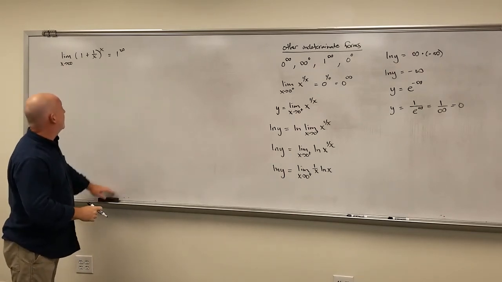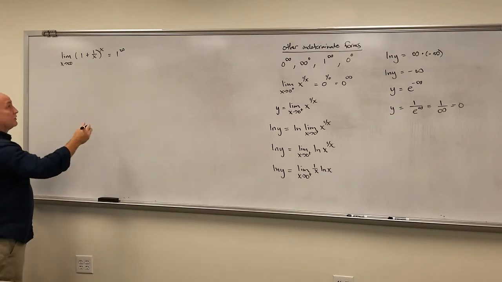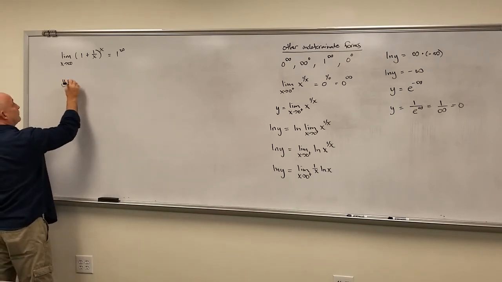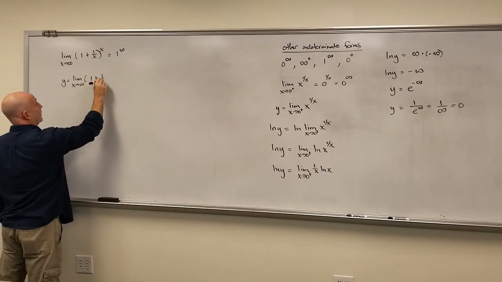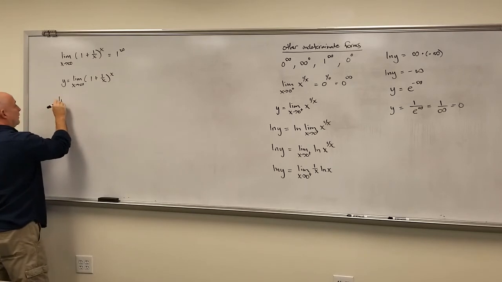So how would we do this? Well, we have this weird exponent thing again, so we're going to use the same method that we just did. Let's let this be equal to some value: y is the limit as x goes to infinity of 1 plus 1 over x to the x. We're going to take the log of both sides.